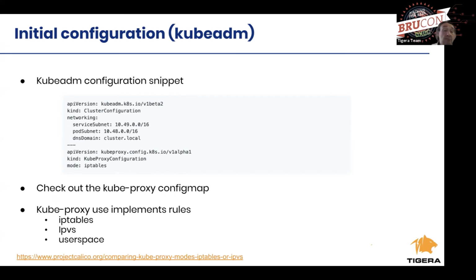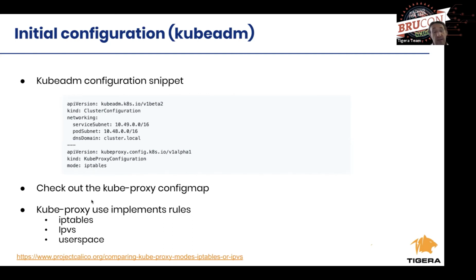But in some cases, and these are typically performance cases, you might use other mechanisms to implement these forwarding rules. So you can find all the information on how it is configured exactly in the kube-proxy config map. Feel free to reach out, but essentially it's pretty easy to do.